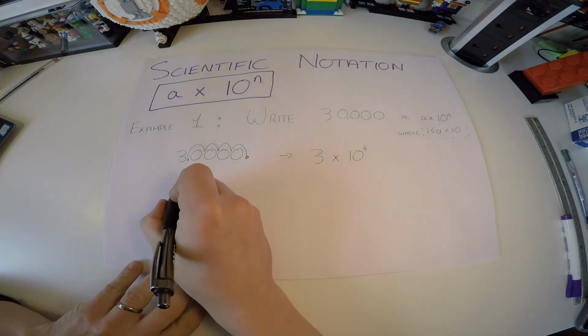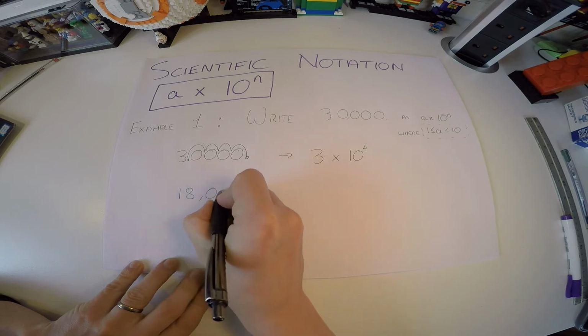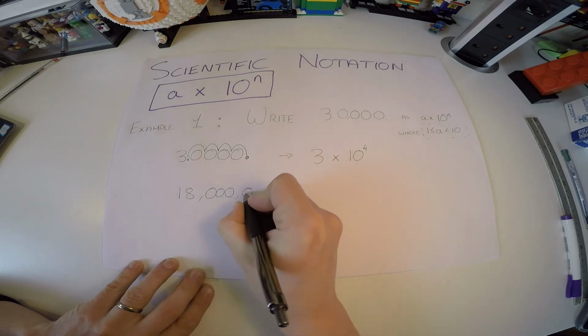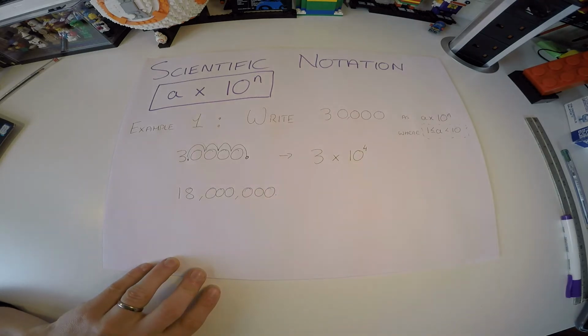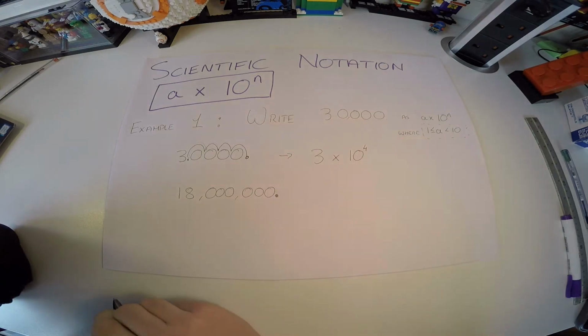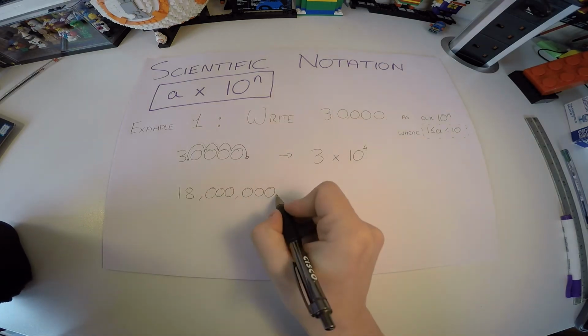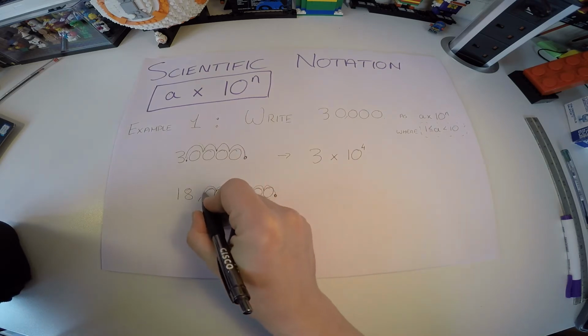So what about something bigger? What about maybe 18 million, say? Okay, so for 18 million, we again know the decimal point would exist here. So we want to hop it all the way to the left. 1, 2, 3, 4, 5, 6.